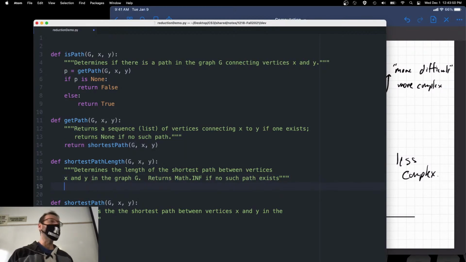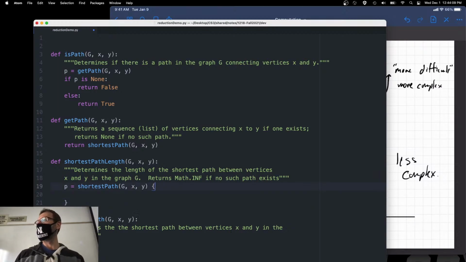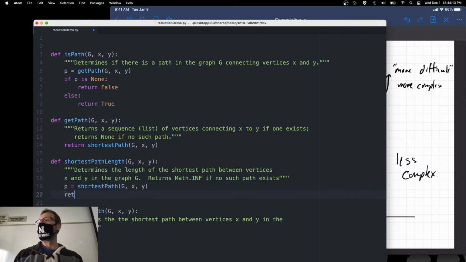Now, what about this? Shortest path length. How could I implement that without writing any substantial code? You can call the shortest path function. All right, shortest path of G, X, and Y. There we go. Oops, that's not what I want. And then do what? Length of the path. All right. Now +1, technically. Why?